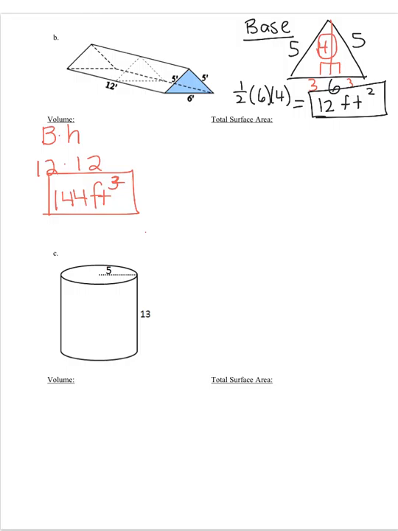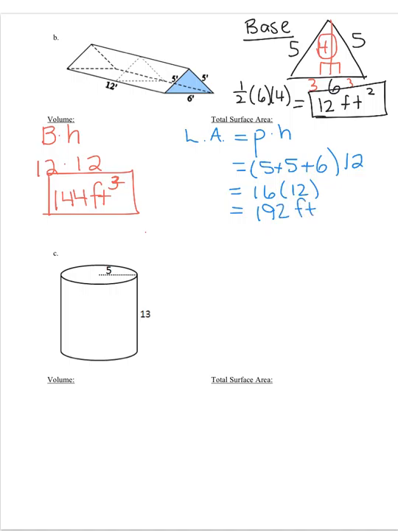Now we're going to keep practicing surface area because that is the toughest in my opinion. Lateral surface area equals, remember, the perimeter of base times height. Therefore, it's 5 plus 5 plus 6 times that height of 12. And we're left with 16 times 12, or 192 feet squared for our lateral surface area.